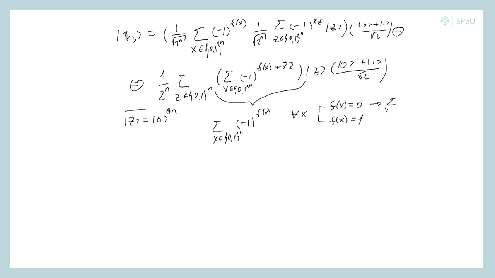So the sum over x gives 1 if f of x equals 0, and in the case f of x equals 1, minus 1. So if the function f is balanced, so for half of the values of x it equals 0, and for the other half it equals 1, then the amplitude will be equal to 0.